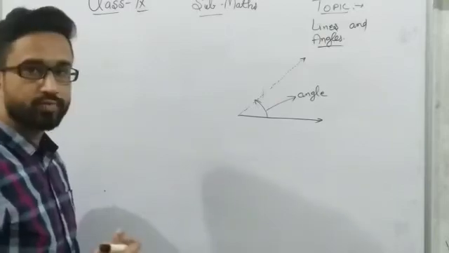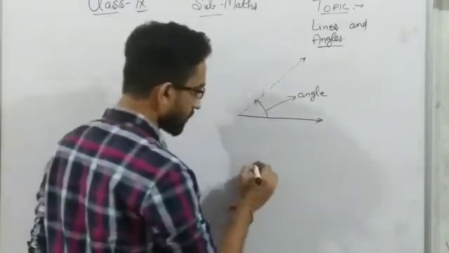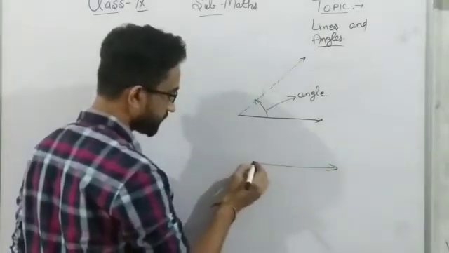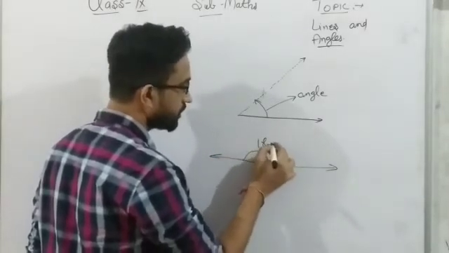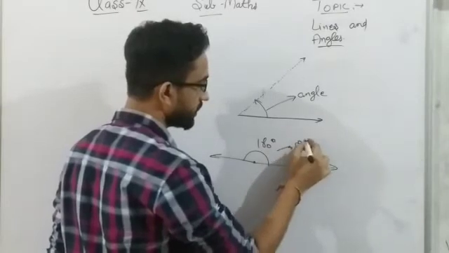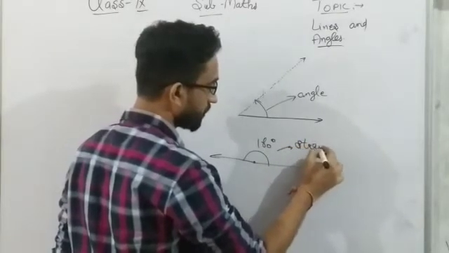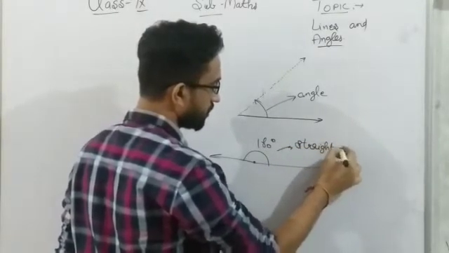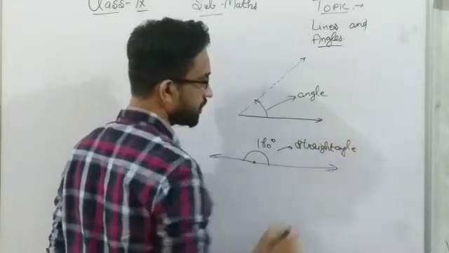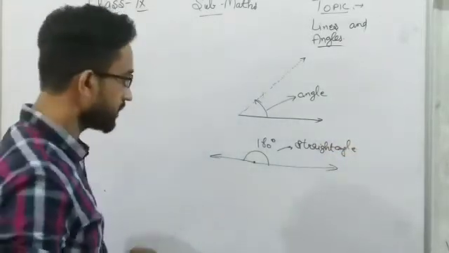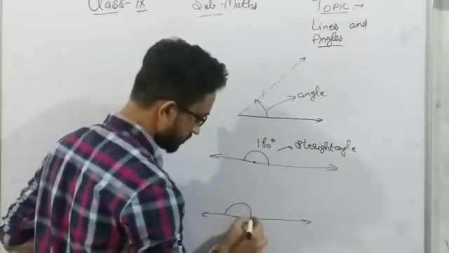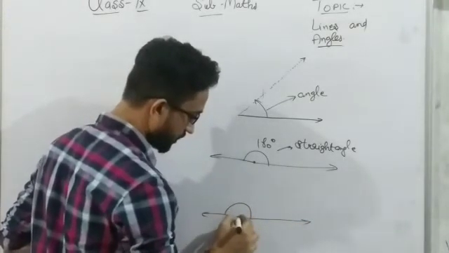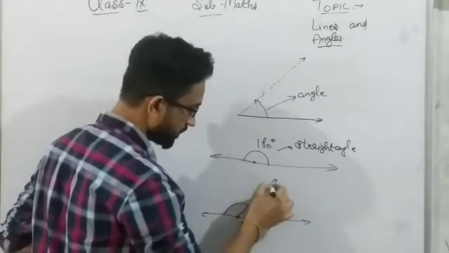So we have different types of angles. If I say one line is this and another line is this, then the angle between them is 180 degree. We call it a straight angle. Suppose this angle is getting divided. This was some line and one more line came in between.